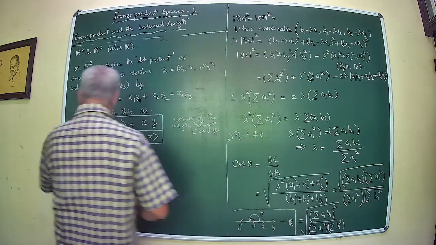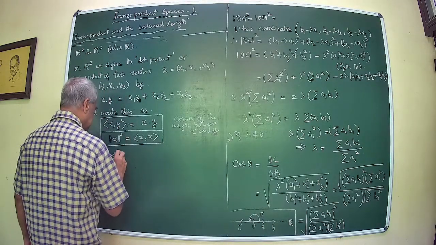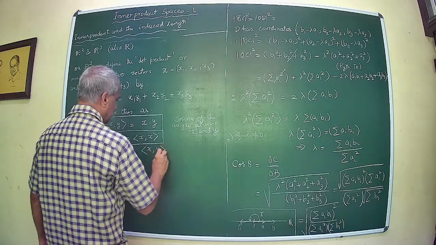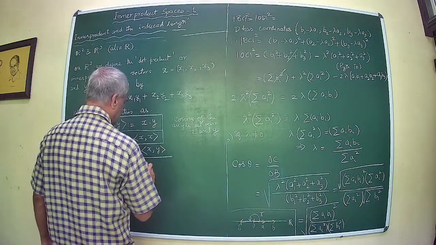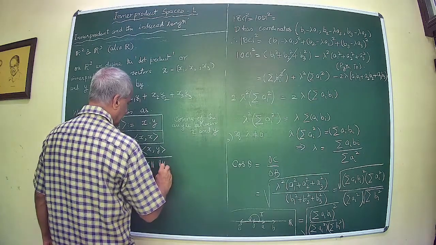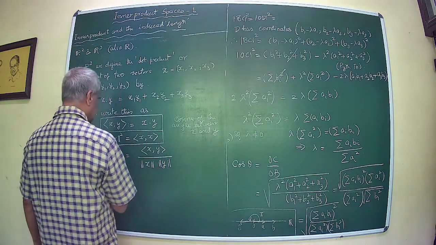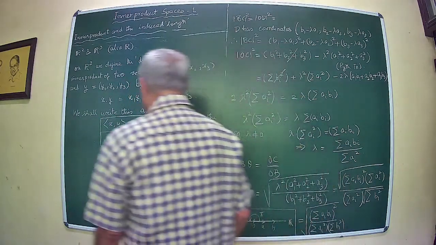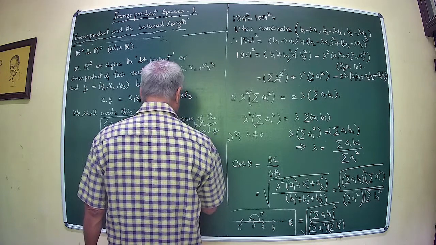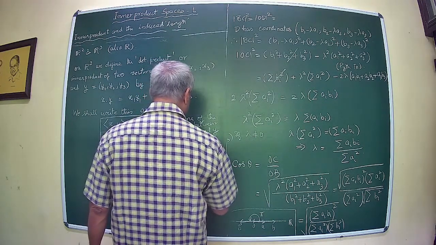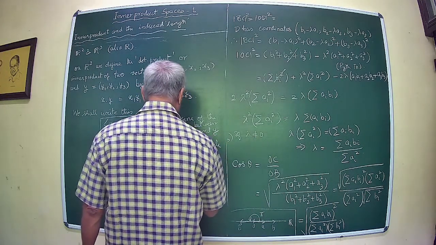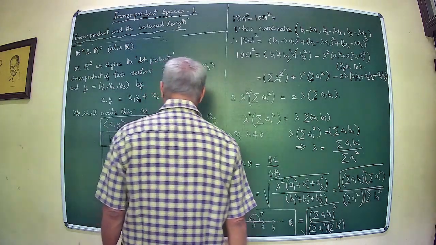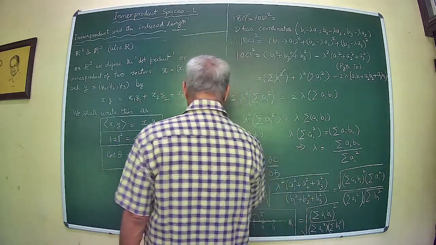So this is what you have, cos theta, the cosine of the angle, where theta is the angle between x and y.